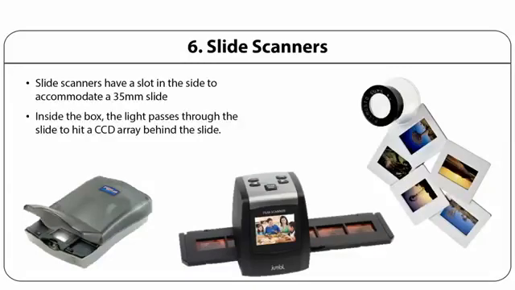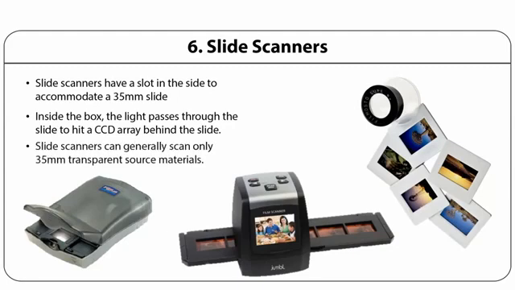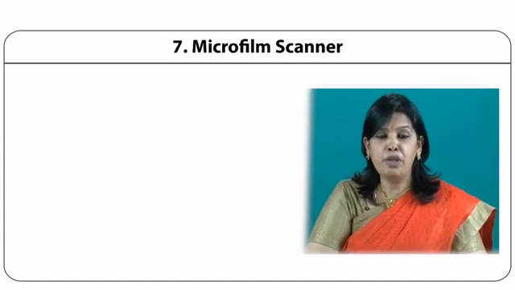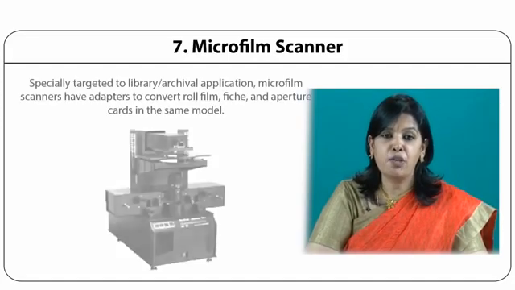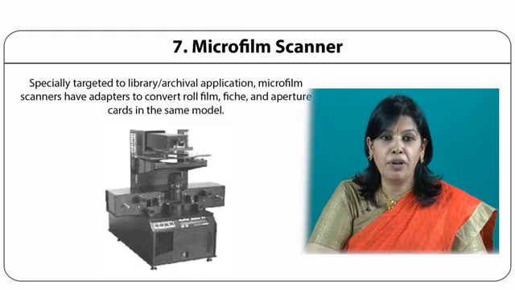Inside the box, the light passes through the slide to hit a CCD array behind the slide. Slide scanners can generally scan only 35 mm transparent source materials. Seventh one is the microfilm scanner. Microfilm scanners are specially targeted to library or archival applications.